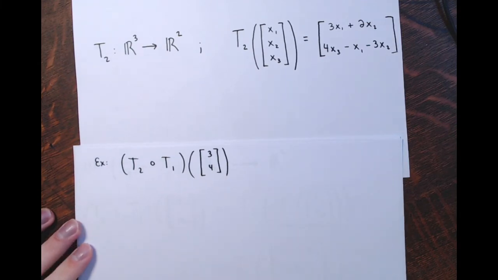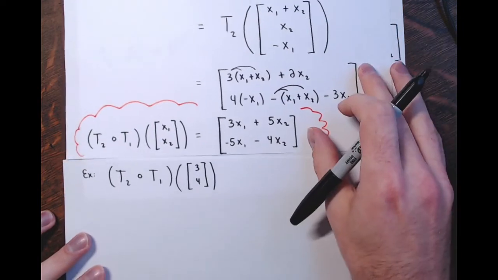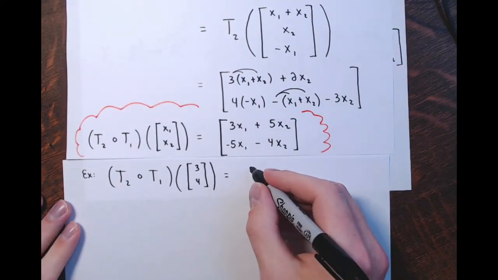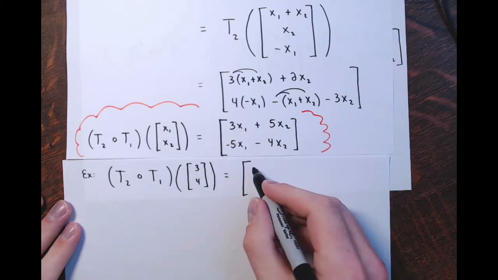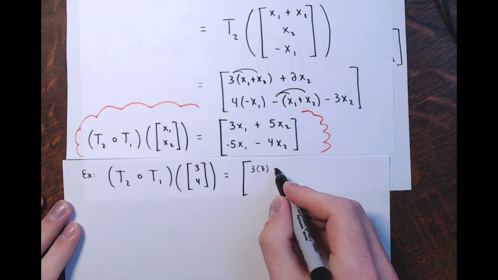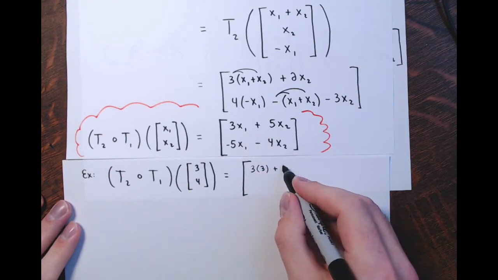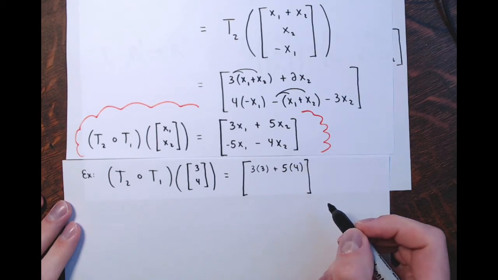Okay, now if I apply the rule I just found, we can get it right away, right? This would be 3 times the first component, so 3 times 3, plus 5 times the second component, 5 times 4 for that first component of the output.